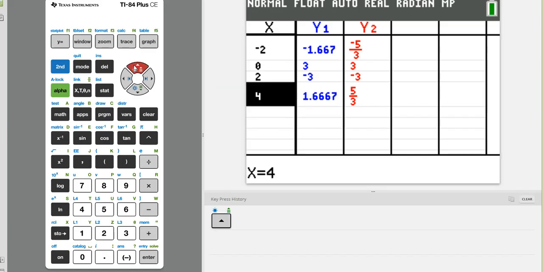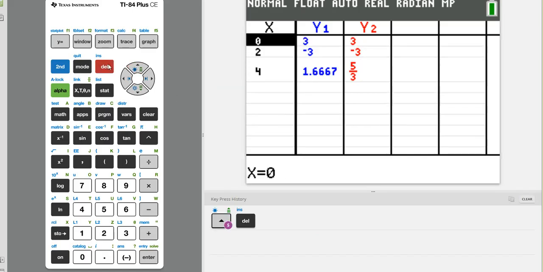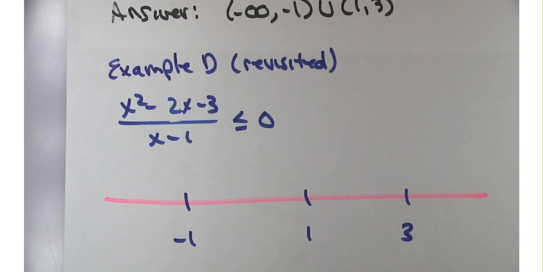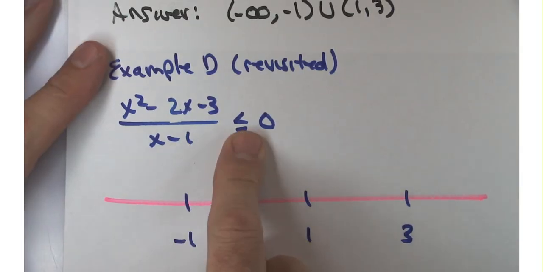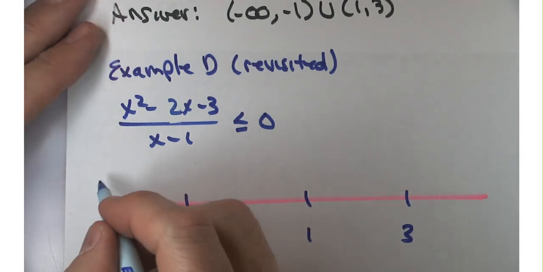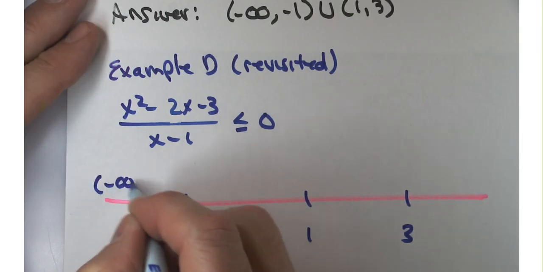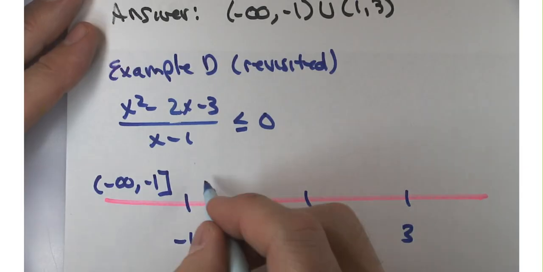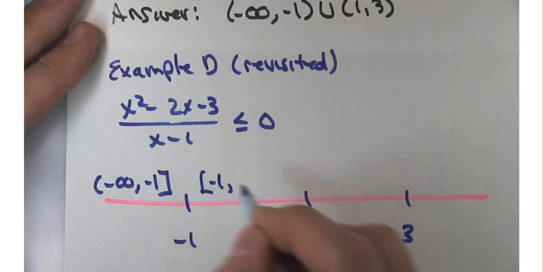I don't think I need these anymore. That's kind of muddling the issue. So if I put in a negative 1, I get 0. Is 0 less than or equal to 0? Yeah, so I can use that endpoint. So the interval here is now going to become negative infinity to negative 1, bracket. And that same bracket is going to extend over here, negative 1.